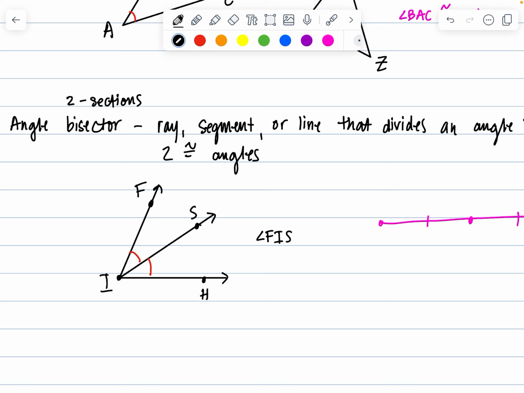Angle FIS and angle SIH have one tick marker, right? So we could actually say that these two angles are congruent.